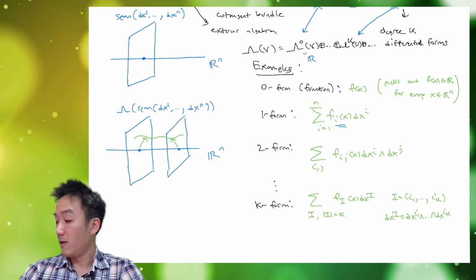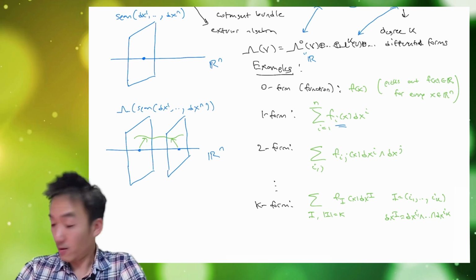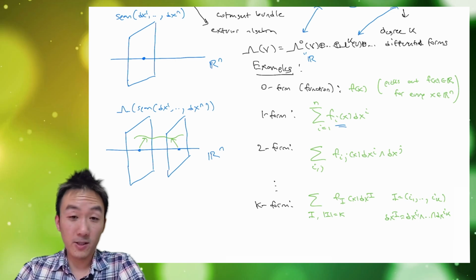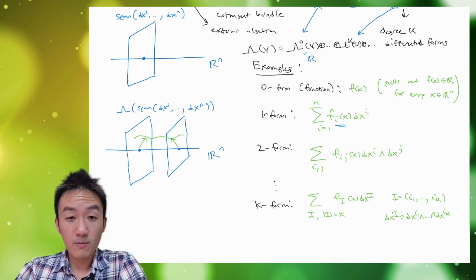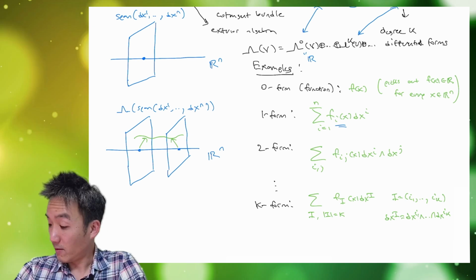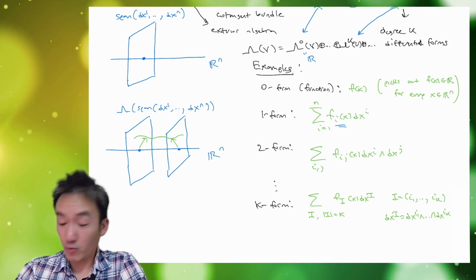And we can assume the i_1 through i_k are all distinct, because recall that if you wedge two elements that are the same, you get 0. So a differential form is just varying elements of the exterior algebra, as shown here.